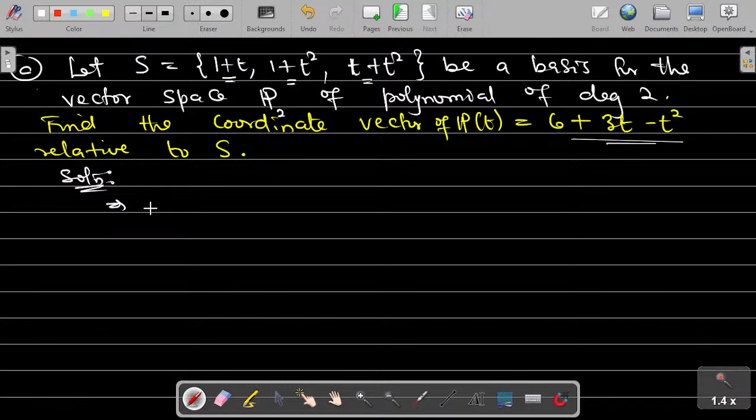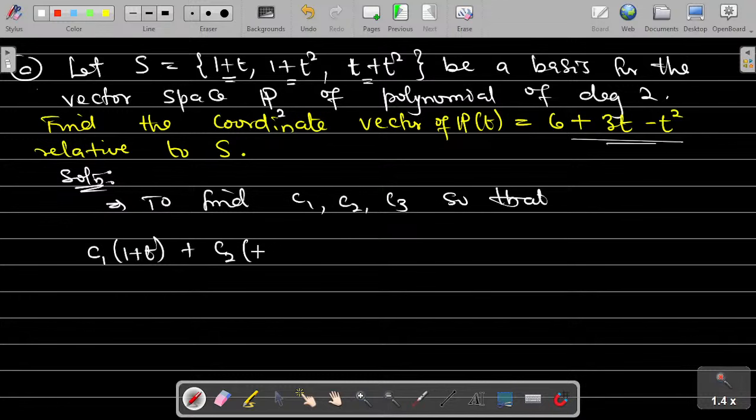We are to find some c1, c2, c3, so that c1 multiplying the first element in the basis, plus c2 multiplying the second element, plus c3 multiplying the third element, is equal to p of t, which is 6 plus 3t minus t squared.